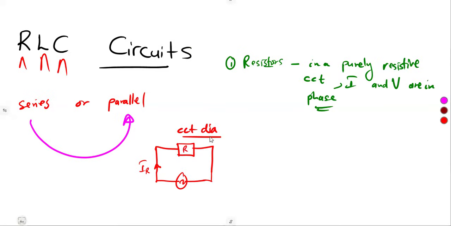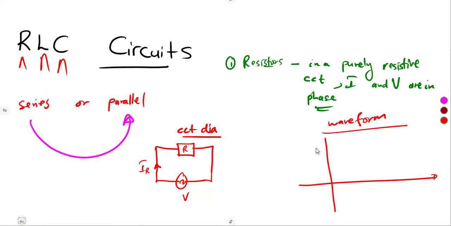This is our resistor. We can have further calculations from there, but the most important part is here. Then your waveform. Remember, these two are in phase.